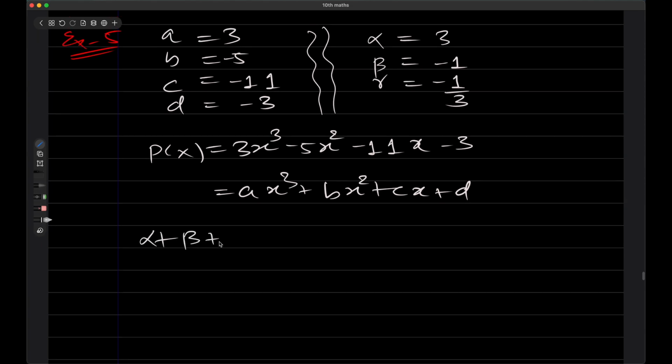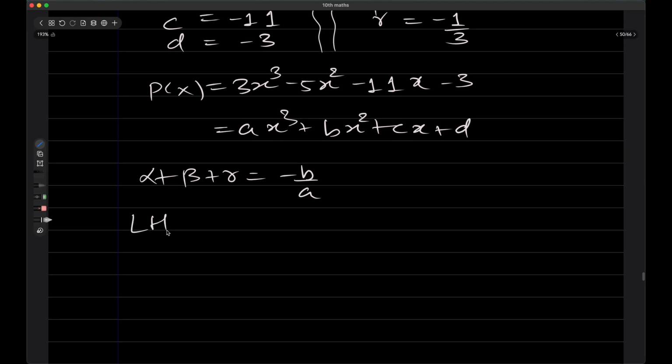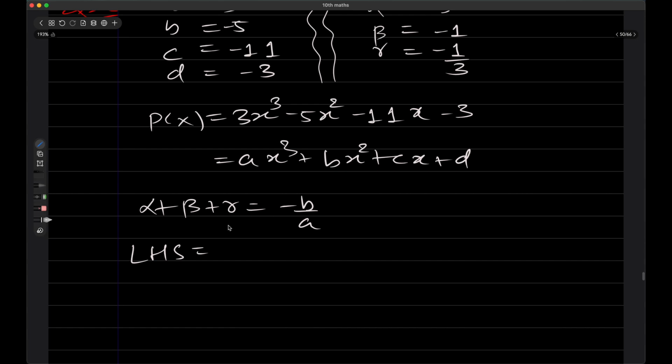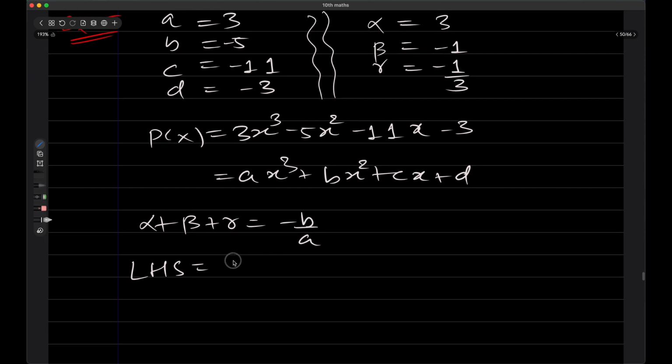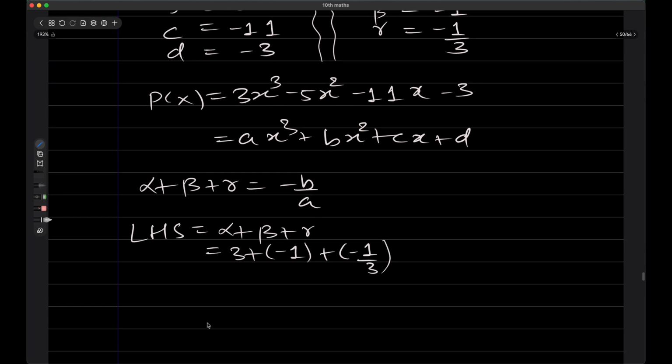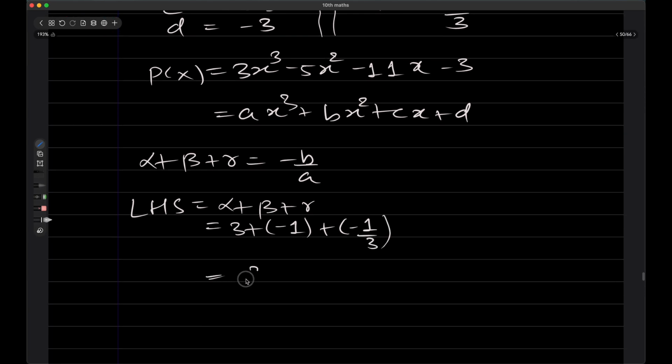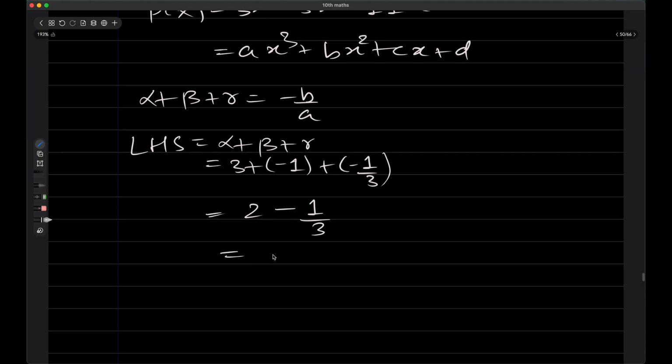We have alpha plus beta plus gamma equals minus b divided by a. If we check LHS, that is alpha plus beta plus gamma, it equals 3 plus minus 1 plus minus 1 divided by 3, that is 3 minus 1 is 2, and plus into minus is minus 1 by 3, that is 6 minus 1 is 5, 5 by 3.